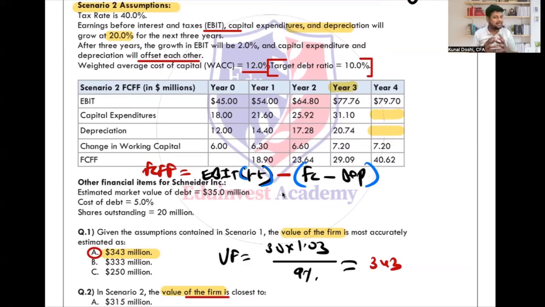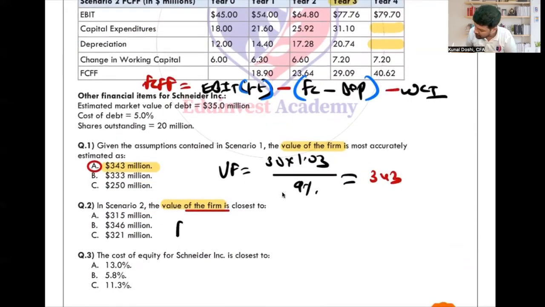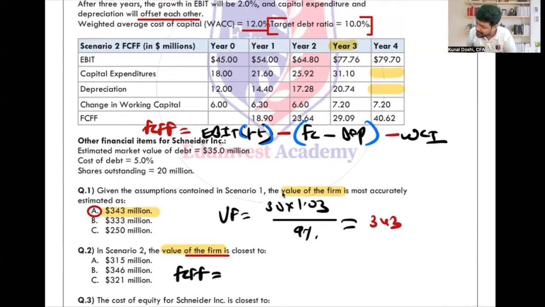EBIT (1 minus T) minus net capex, and one thing remains, that is changes in working capital. So I will subtract the working capital investments. Clear, everyone?